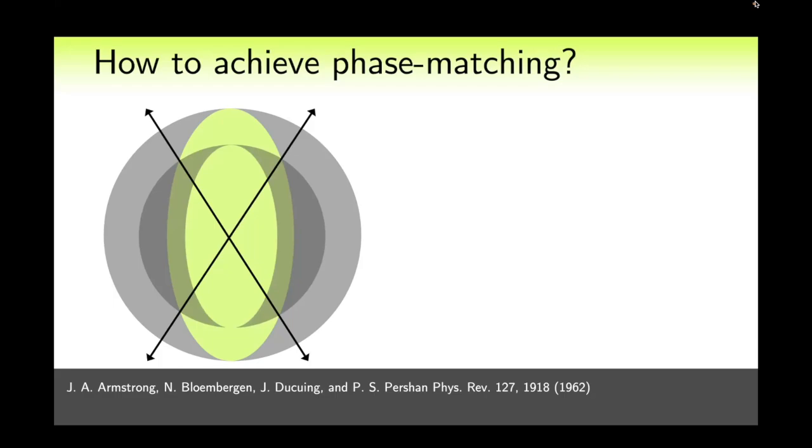But we cannot always use this method, since not all media that generate the second harmonic are birefringent. For example, in gallium arsenide, we cannot achieve phase matching in this way, yet it is a very convenient material. Moreover, its nonlinear susceptibility is relatively high. What should we do in this case?